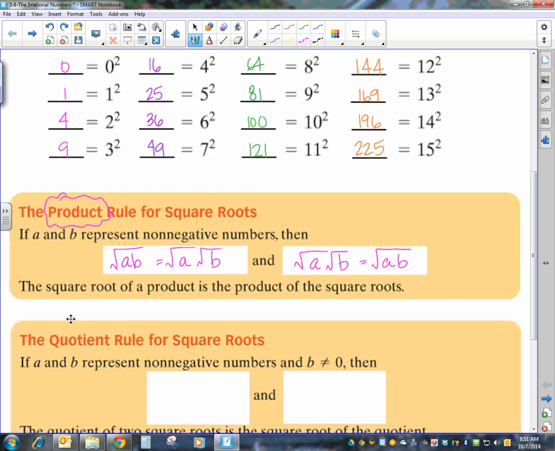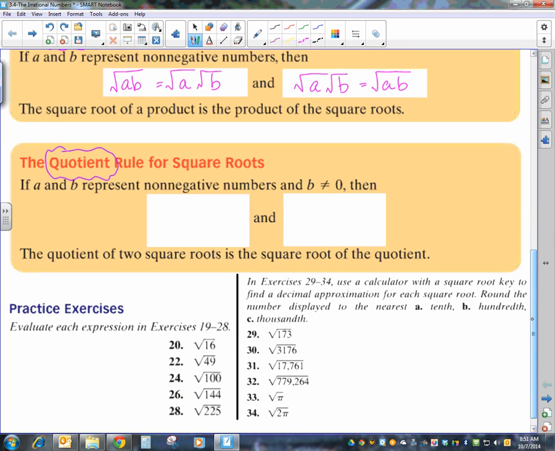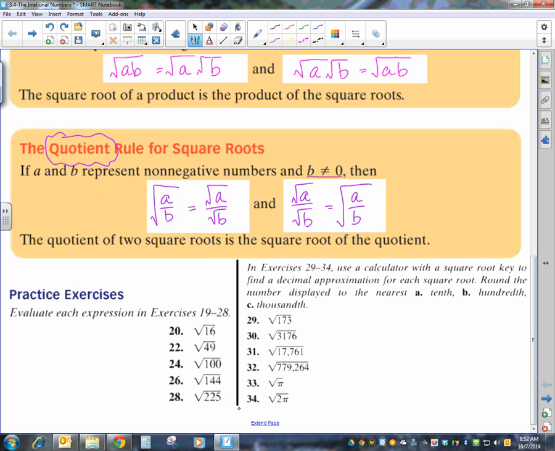In a similar fashion, we have our quotient rule, which says the square root of a quotient is equal to the quotient of the square roots. Keep in mind, of course, that b cannot be 0 because we cannot divide by 0. And the quotient of the square roots is equal to the square root of the quotient. So I can go back and forth, whatever I need to use to simplify my radicals.